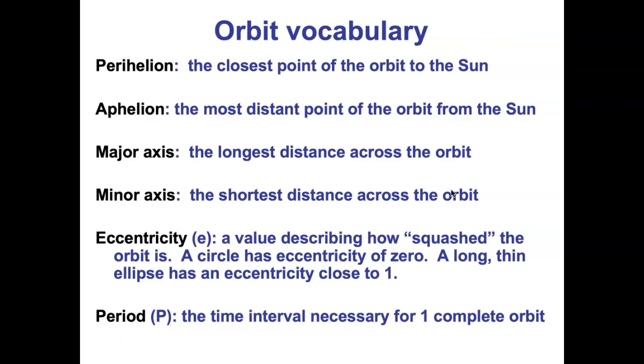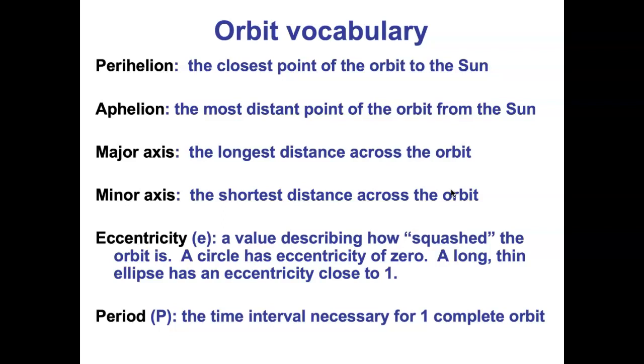The major axis is the long axis across the ellipse. The minor axis is the short axis across the ellipse, like we just saw. The eccentricity is a value that describes how squashed or how stretched the orbit is. Eccentricity is just a number. There's no units. It's just a unitless number. But that number ranges from 0 to 1.